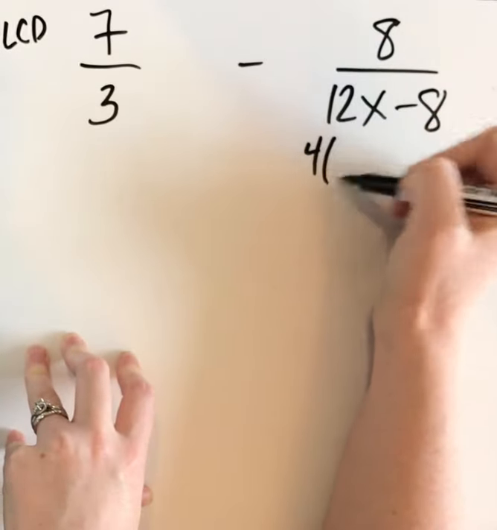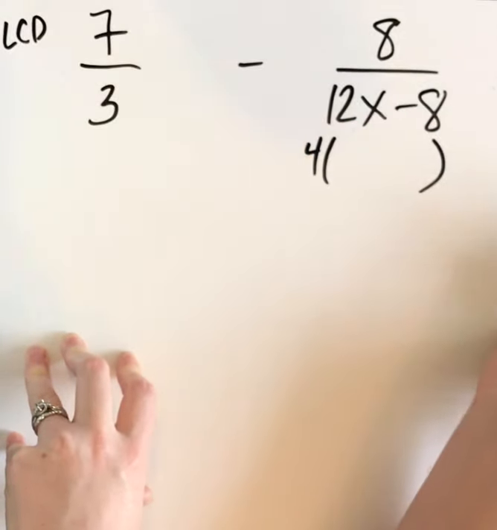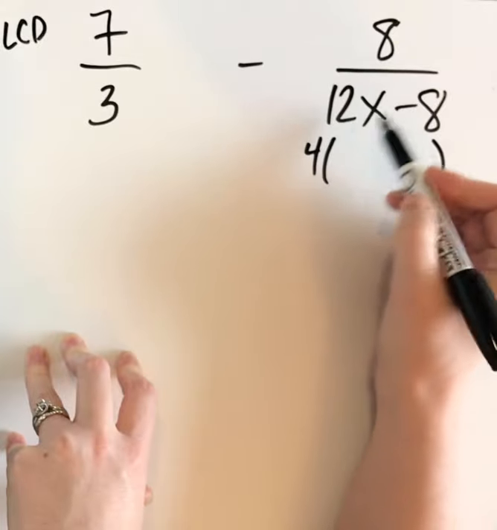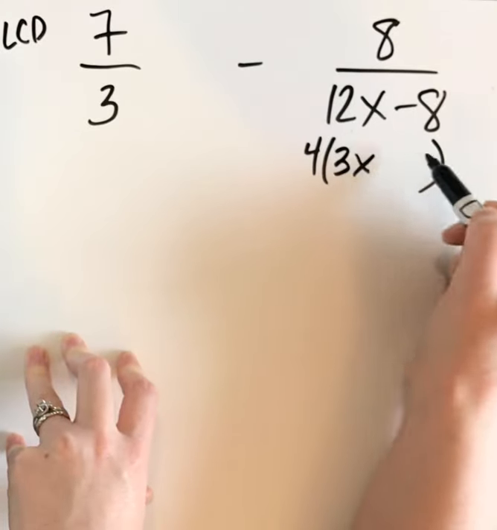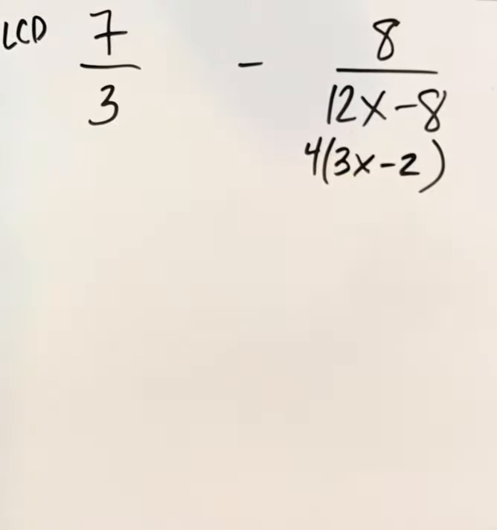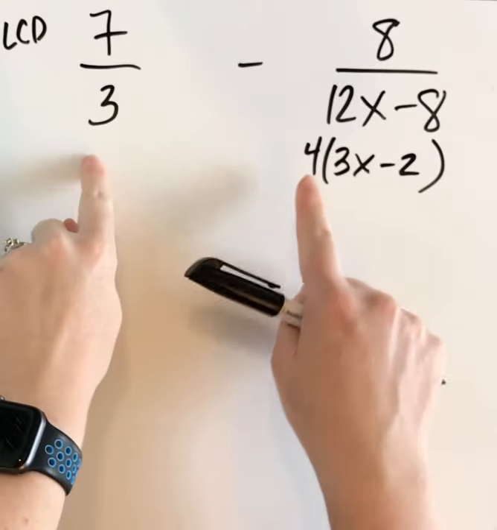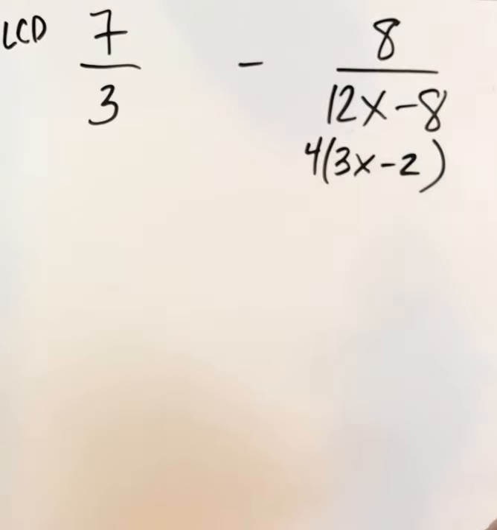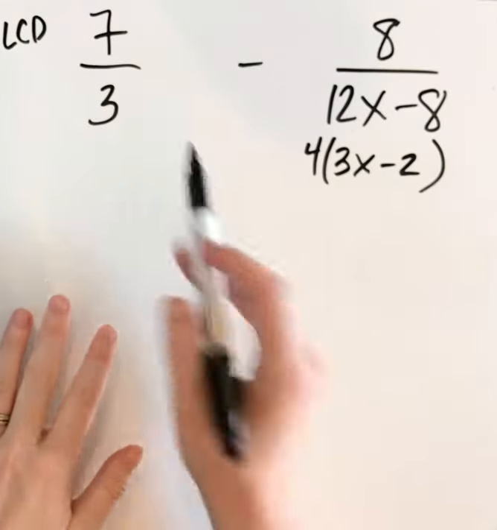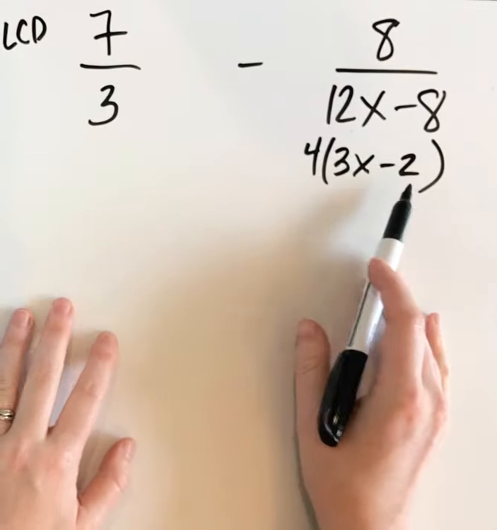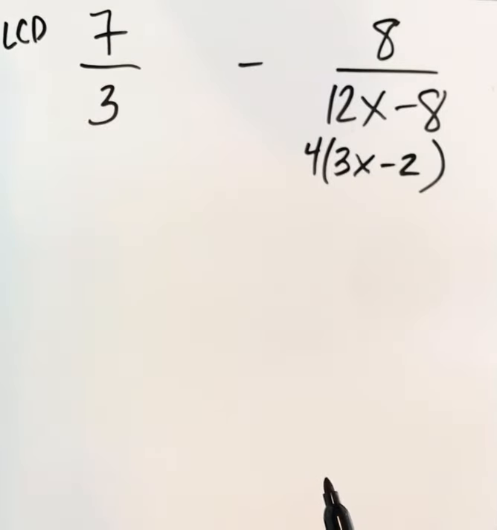So if I factor out a 4 from 12x minus 8, it's the same thing as dividing by 4, so I'll get 3x minus 2 in parentheses.